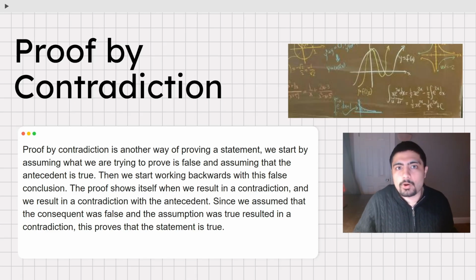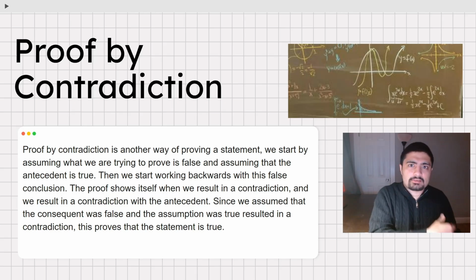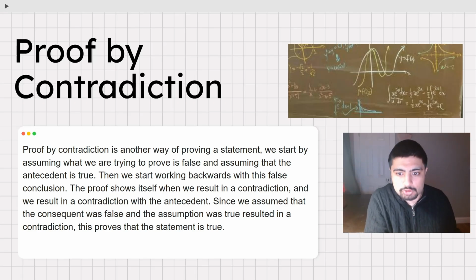Maybe something like 1 equals 2. And at that point you're going to say, hey, I just worked with that false possibility and that was not true. Mathematically we proved that the false possibility is not true, therefore the other possibility has to be true.